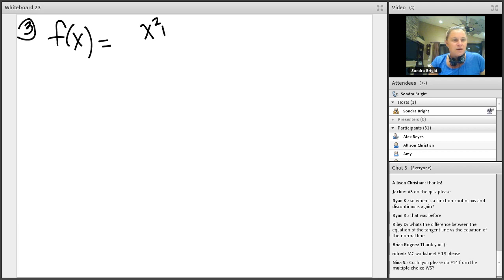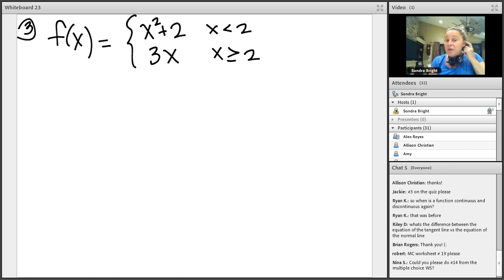So we've got a piecewise function, and at x equals 2, I don't remember if we give you the value. In this case, we did say at x equals 2. We didn't have to say that to you. You would know where to check for continuity.